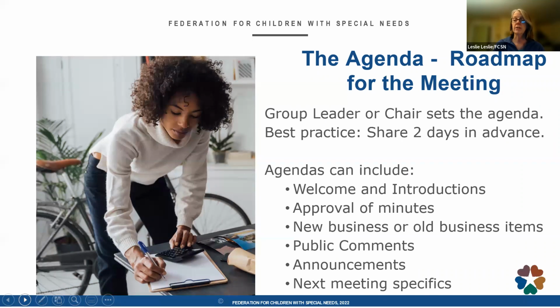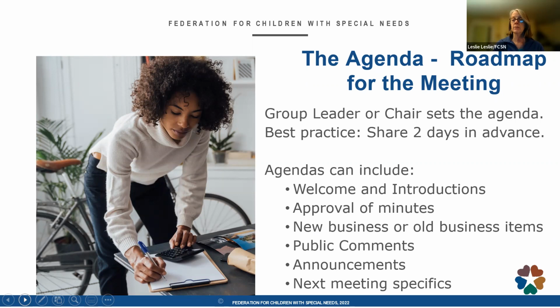CPACs no longer have to follow the open meeting law and publish an agenda 48 hours in advance, but we're going to keep that best practice and do it in advance, so that you're prepared. You do it before a meeting, and then you share it so people have knowledge of what the topics are going to be discussed at that meeting.